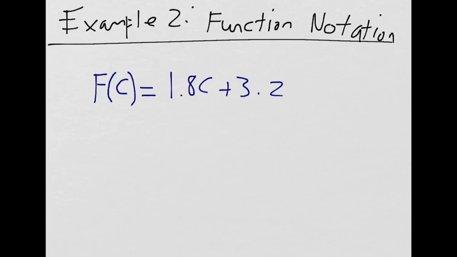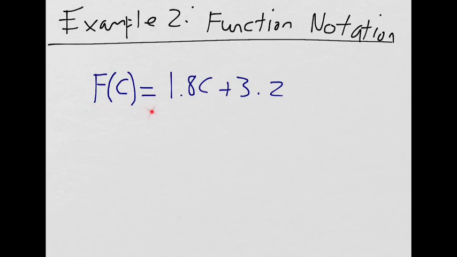Really what it means is the function whose name is F as it depends on C, or as it relates to C. This first letter tells you the name of the function. That inner letter tells you the independent variable, the thing that the function depends on for its value. It's very similar to what you did before.